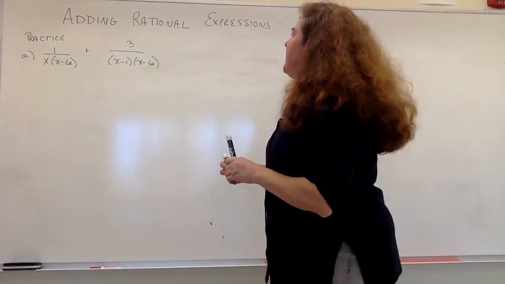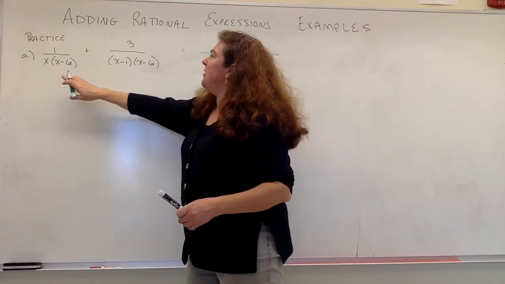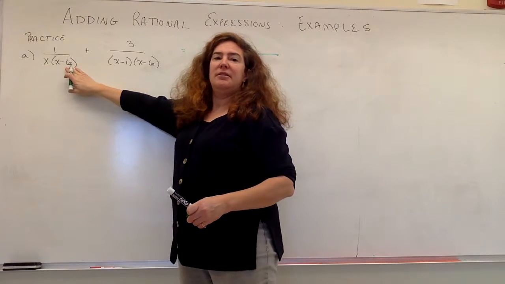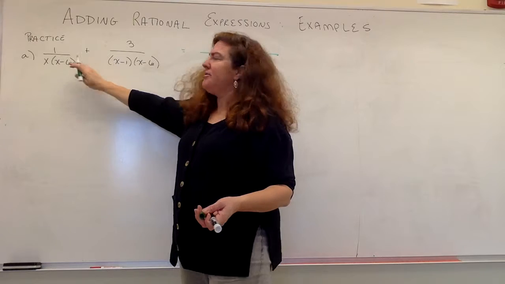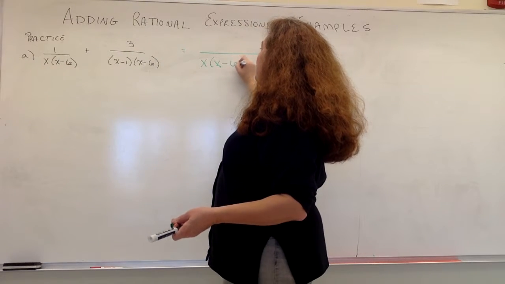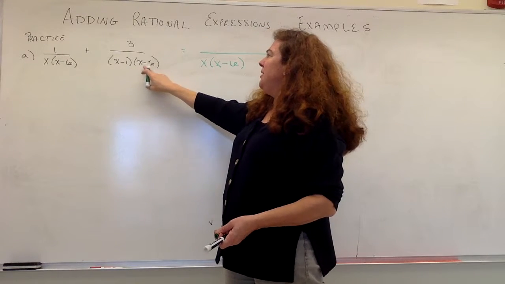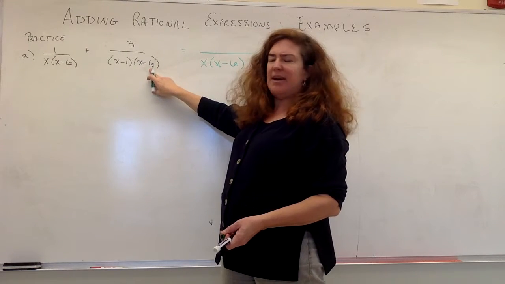Well, I start by saying, okay, whatever my common denominator is, it has to include x. It has to include x minus 6. So that's the first part. And then I come over here and say, okay, it has to include x minus 1, and it has to include x minus 6.